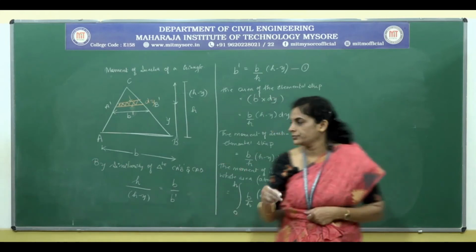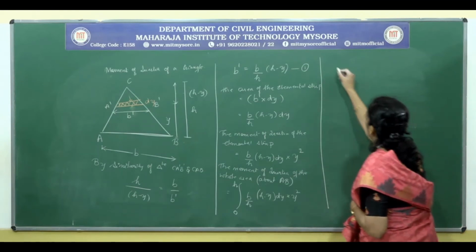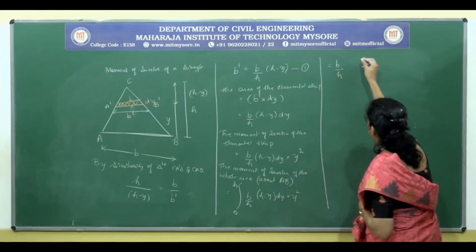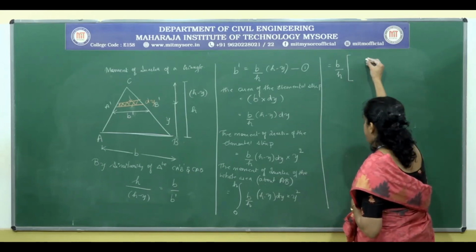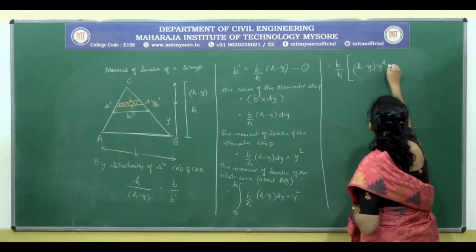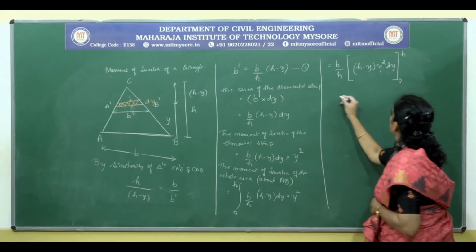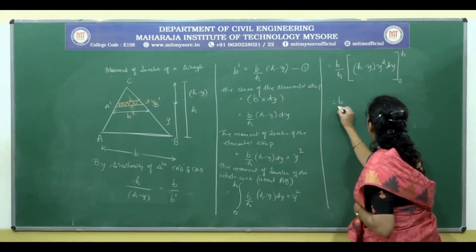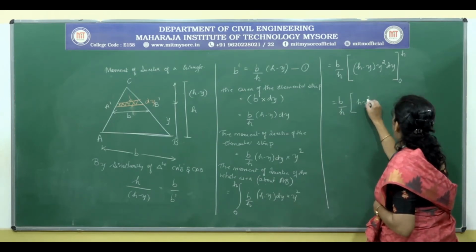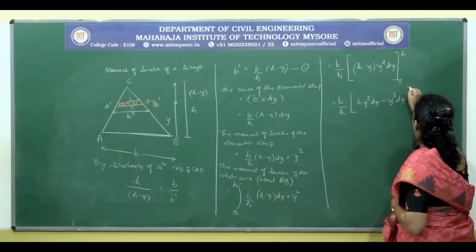Further, upon integrating, we get from 0 to h, so now we know, h y square into dy minus y cube into dy.